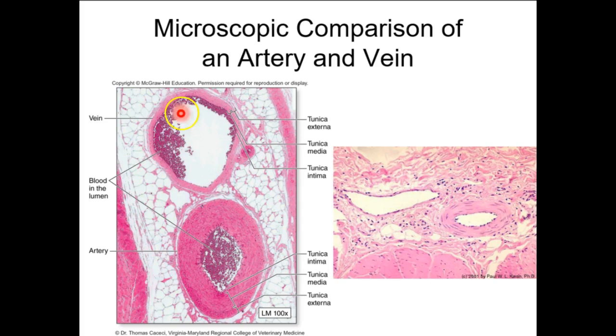Now the vein, by comparison, has a much wider lumen, and the layers of the blood vessel itself are quite small. And maybe you recognize this tissue out here? It's a fun one. What's that? Adipose. This is all adipose. So this is some blood vessel embedded in fat. So a likely place for this would maybe be the hypodermis or something like that. Very vascular hypodermis that we already know about. I don't know for sure that that's where it is, but that's a possibility.